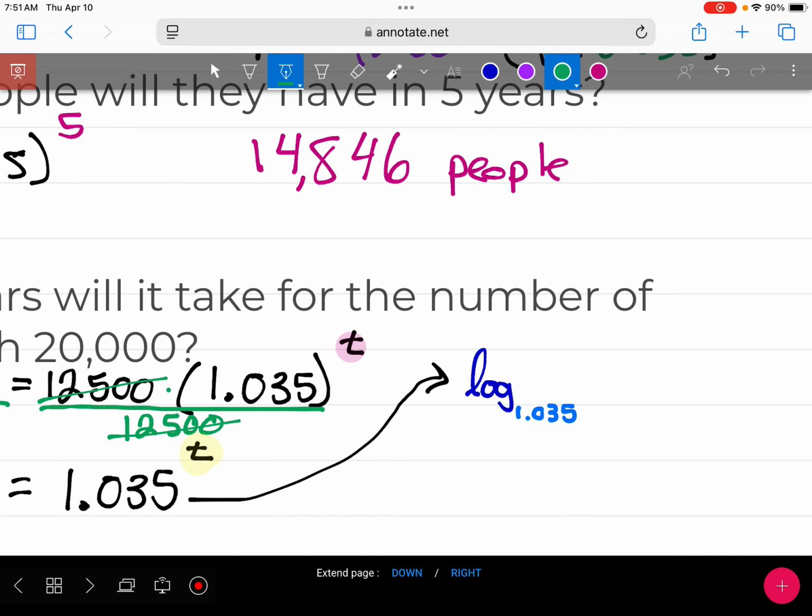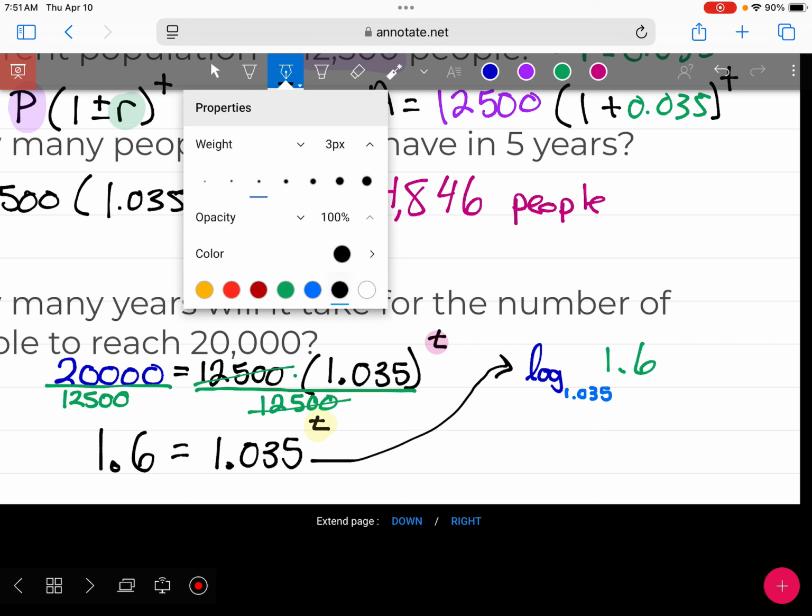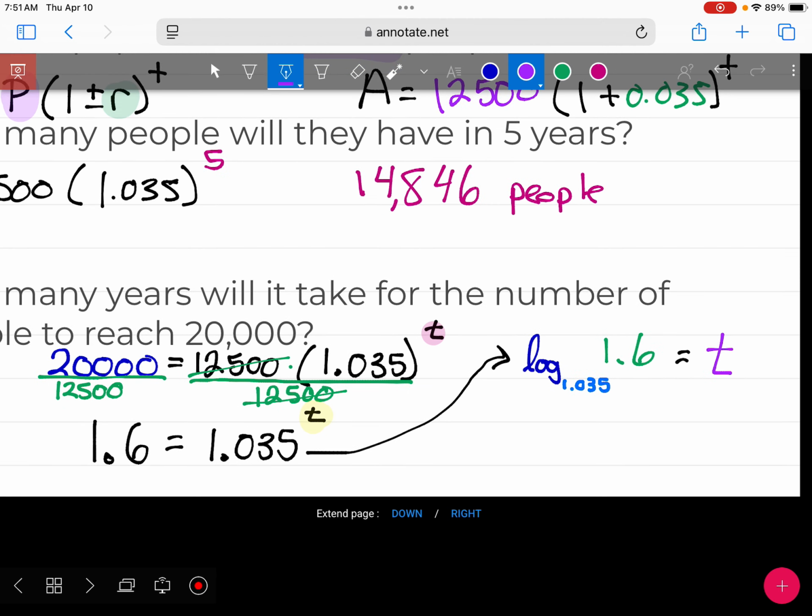What's our argument? 1.6. And it's going to equal our power, which is t. We're trying to find t by itself. So technically, I have t by itself.